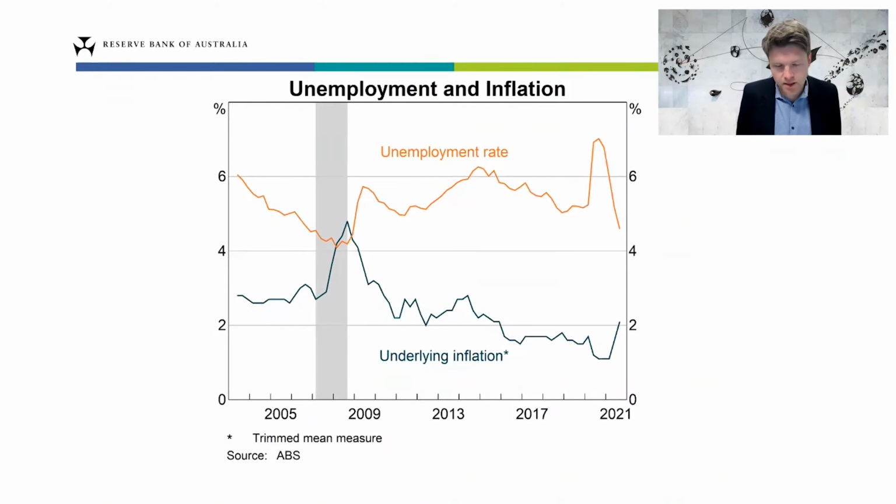And a good example is the one I just discussed earlier, which was the mid-2000s mining boom. What we observed over that period was the unemployment rate had been tracking lower for a long period of time, and eventually we got to a point where inflation really started to pick up. And so it's kind of reasonable from just eyeballing these data that we'd gone below the NAIRU at that particular point in time.